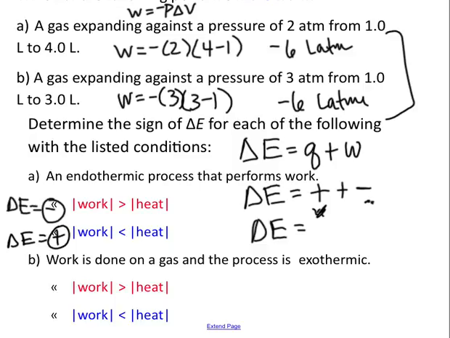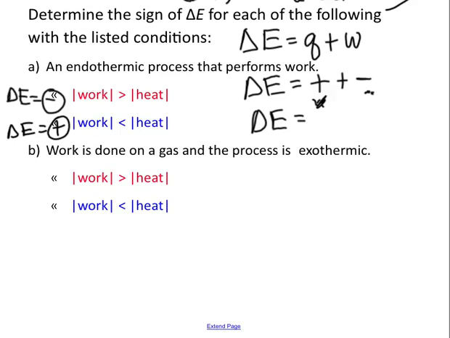Okay, let's set up this one. Again, delta E is equal to Q plus W. In this case, work is done. What does that tell us? Work is done on a gas. Sorry, I didn't finish. Work is done on a gas, so work is done on the system. So that's positive.